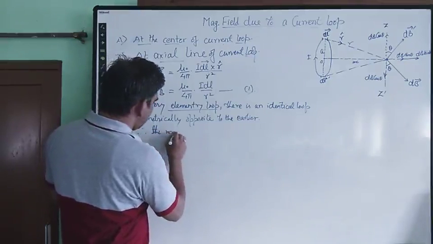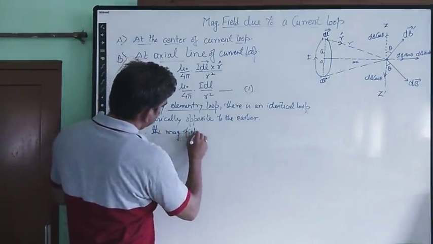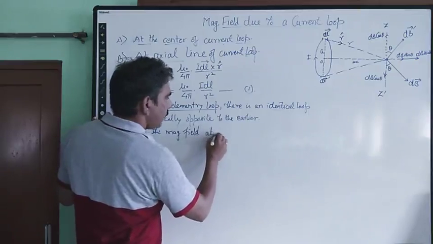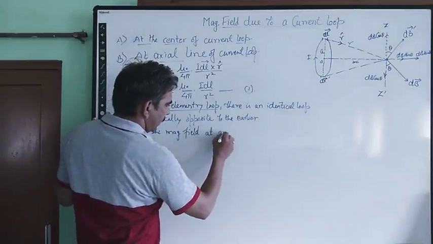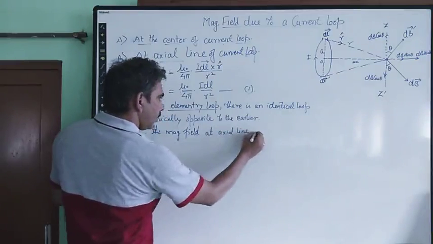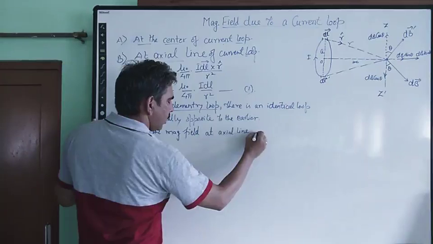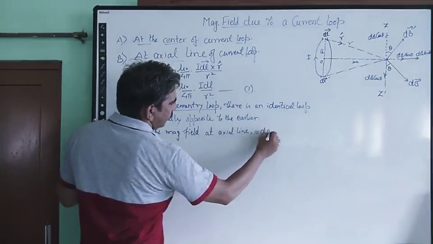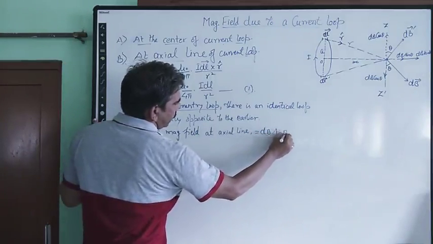Therefore the magnetic field at the axial line is given by dB sin theta.